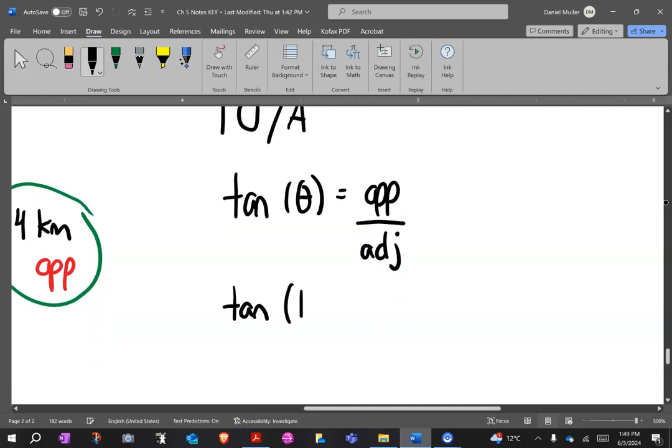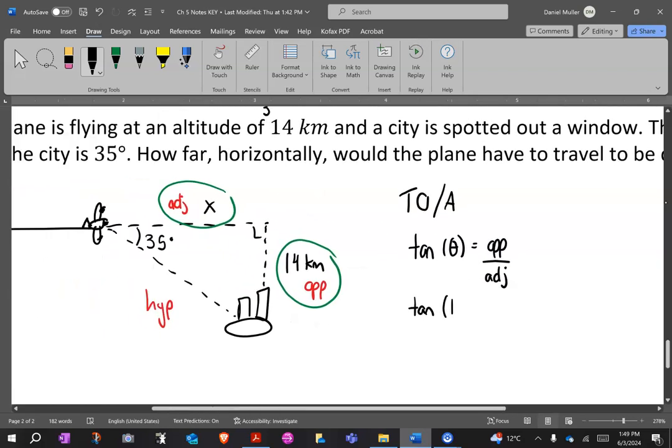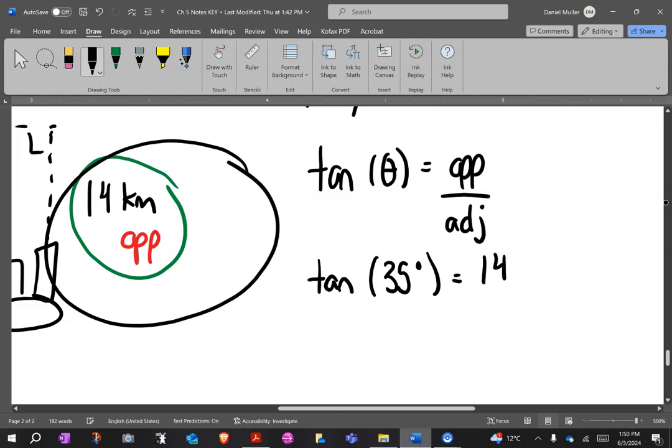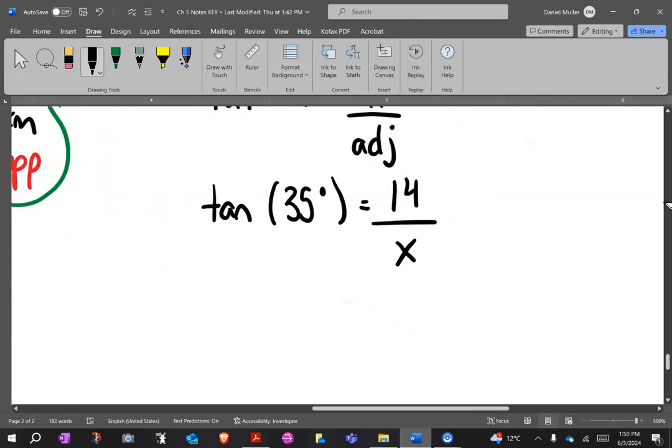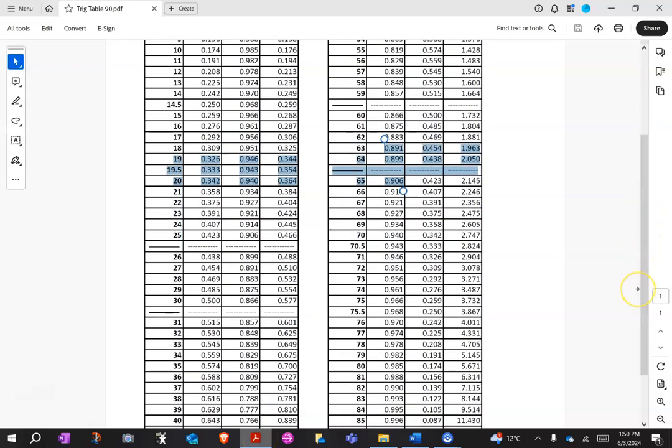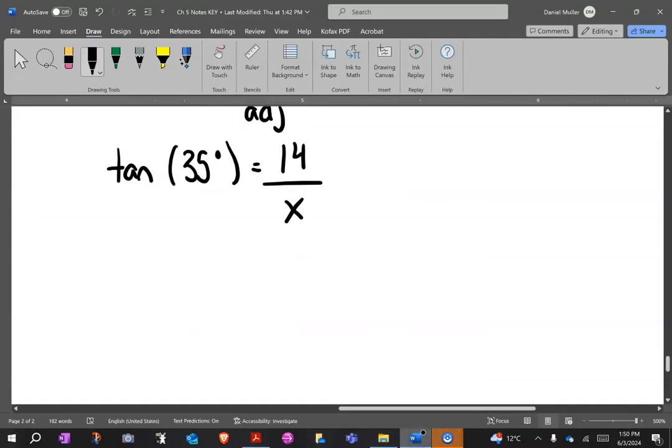The angle it said was 35 degrees. Equals opposite. Well, opposite's 14, over adjacent, we don't know what that is. We'll just call that x. So I got to figure out what tan of 35 is. So 35, that's 0.700. So this is 0.700 equals 14 over x.